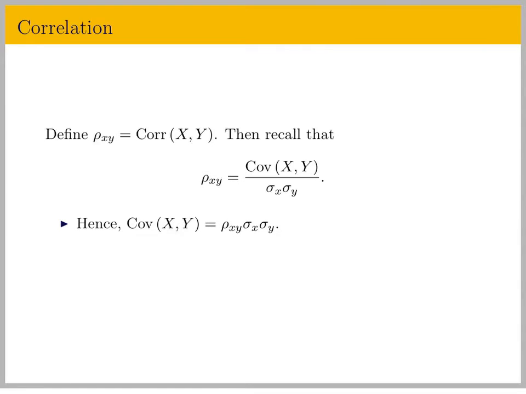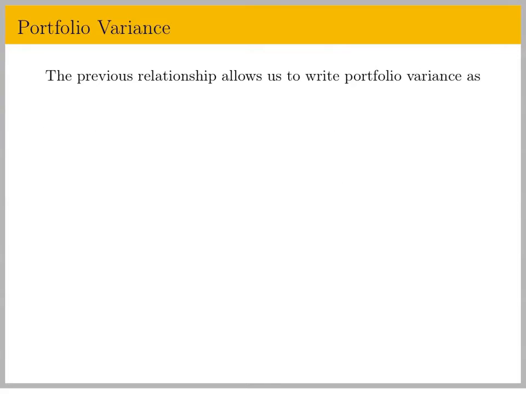Now if we just manipulate this equation by taking these standard deviations over to the other side, we see that the covariance is equal to the correlation of the two assets times the standard deviations. And it's important to recall that the correlation is mathematically constrained to lie between -1 and 1.